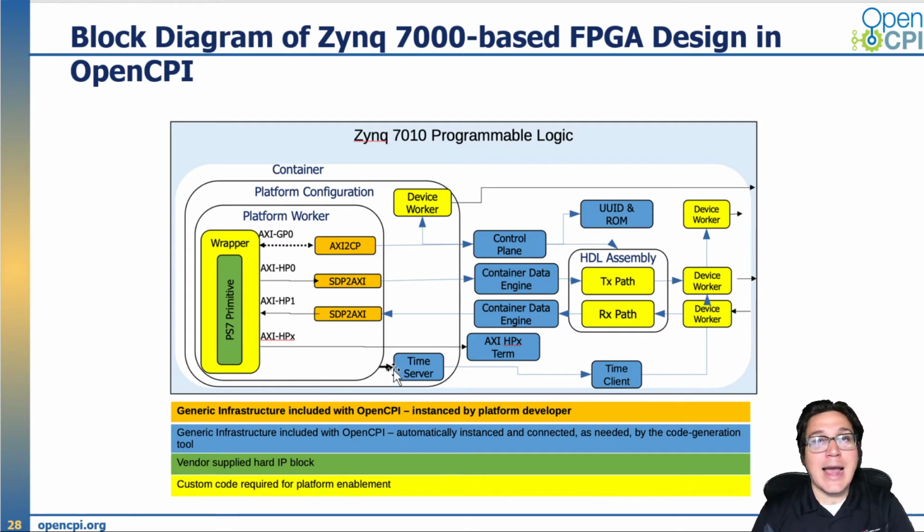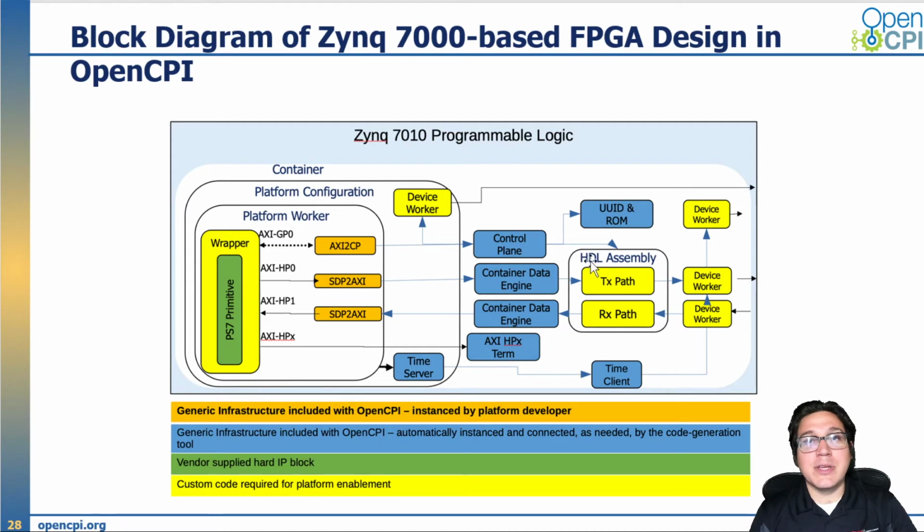OpenCPI has the ability to synchronize with GPS time, and has a time server that facilitates timestamping of samples from the ADC or the DAC, or from the ADC really. And then there's the time client that feeds the device workers that run in the clock domains of the transceiver itself.